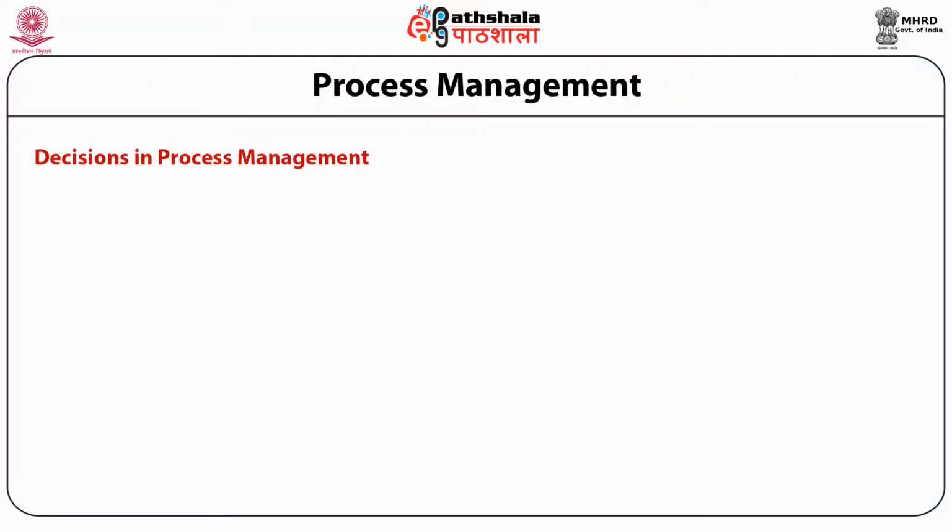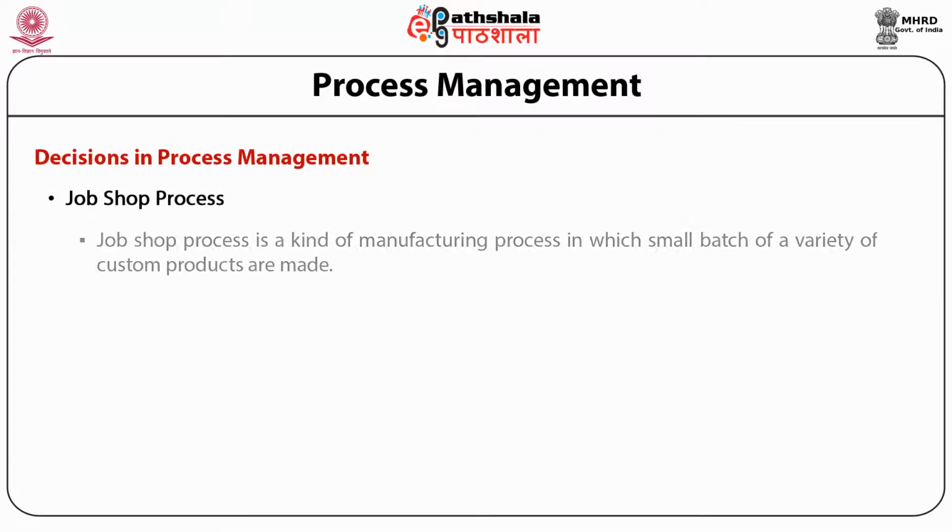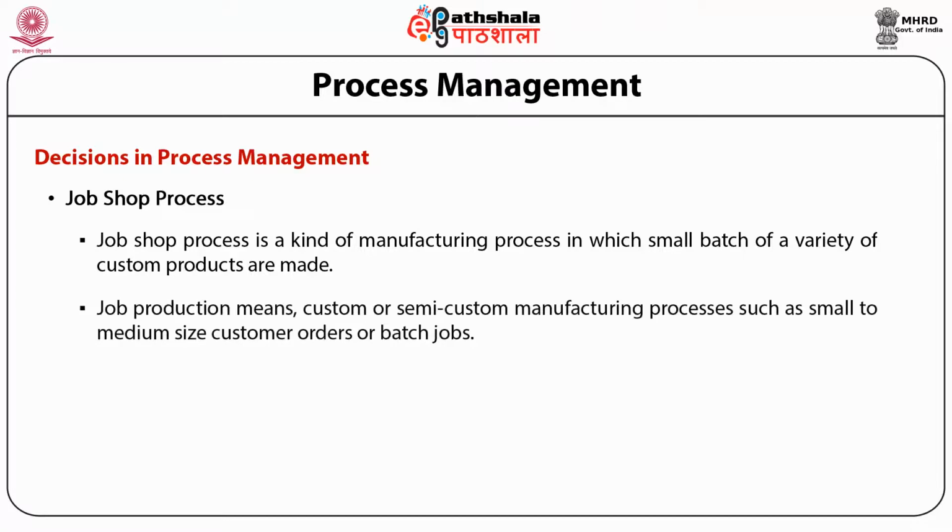Process management, job shop process. Job shop process is a kind of manufacturing process in which a small batch of a variety of customer products are made. Job shops are typically small manufacturing systems that handle job production. Job production means custom or semi-custom manufacturing processes such as small to medium-sized customer orders or batch jobs.